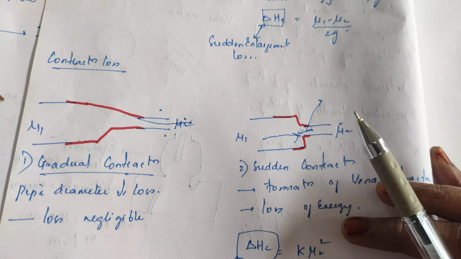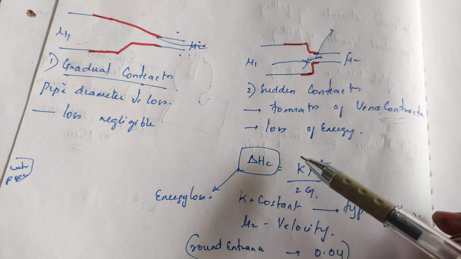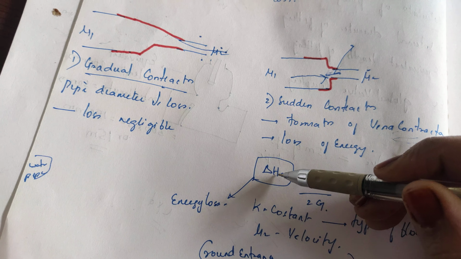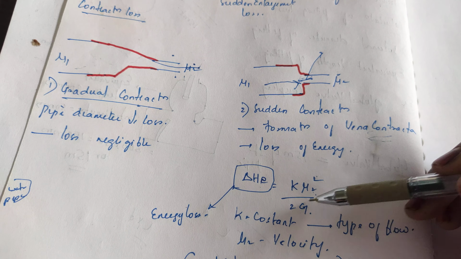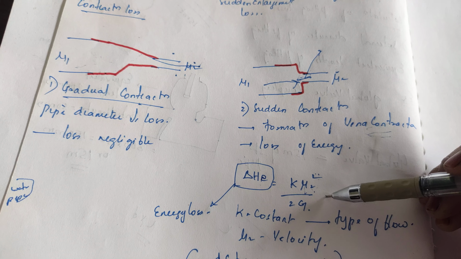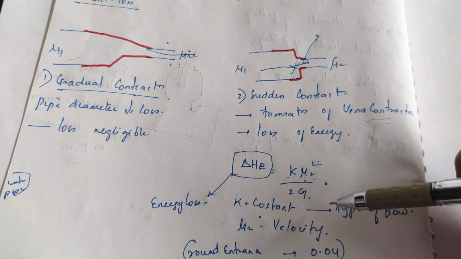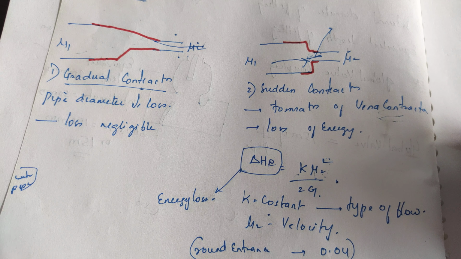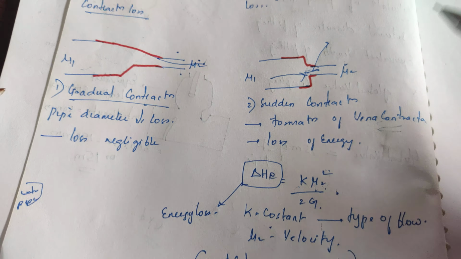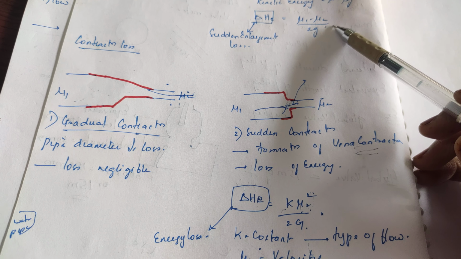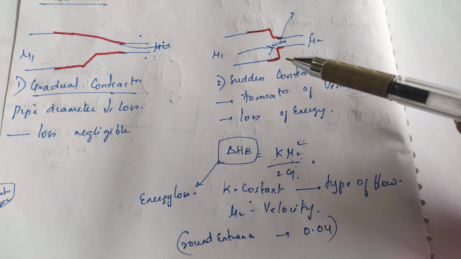Now the equation for this is given as delta he, that is the energy loss, given as k u2 squared by 2g. K is a constant here, which depends upon the flow of the fluid, and u is the velocity. Why have we not taken u1 here?